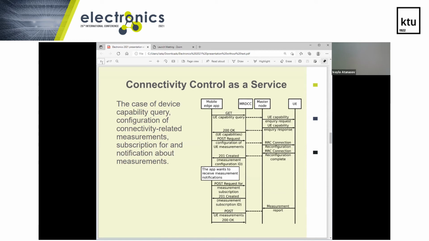So the application with an active subscription may receive notifications about device measurements when the application-specific thresholds are reached. The figure shows the flow for application query about device capabilities, subscription, and notifications about connectivity-related measurements.